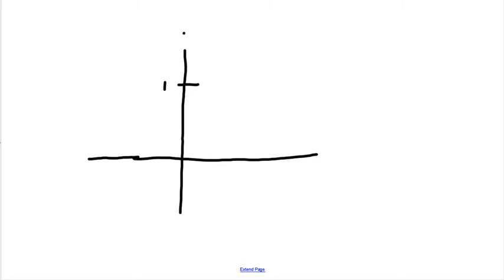Now, because my y values are so small, like my critical point was 2 1/4, and my point of inflection was 3 2/9, I'm going to make this y-axis a little bit stretched out. So I'm going to say right here is going to be 1, okay?